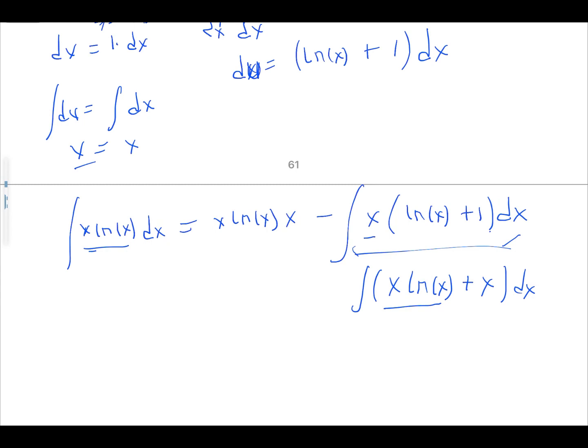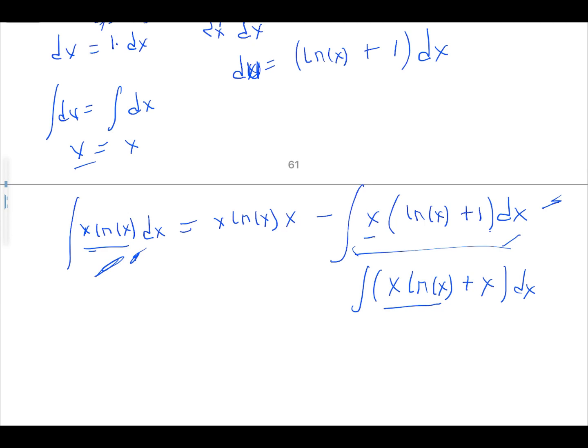When we don't choose the right values for u and dv, we end up repeating, and we will come to repeated functions as one of the subtopics of integration by parts. Looking at this, this integral seems more complicated than the original one given, because it is x ln x plus an additional x.